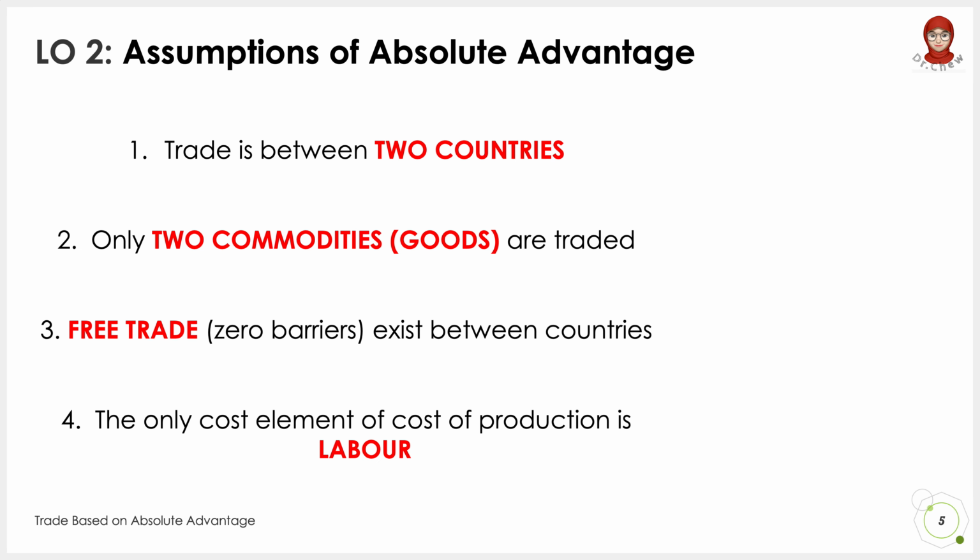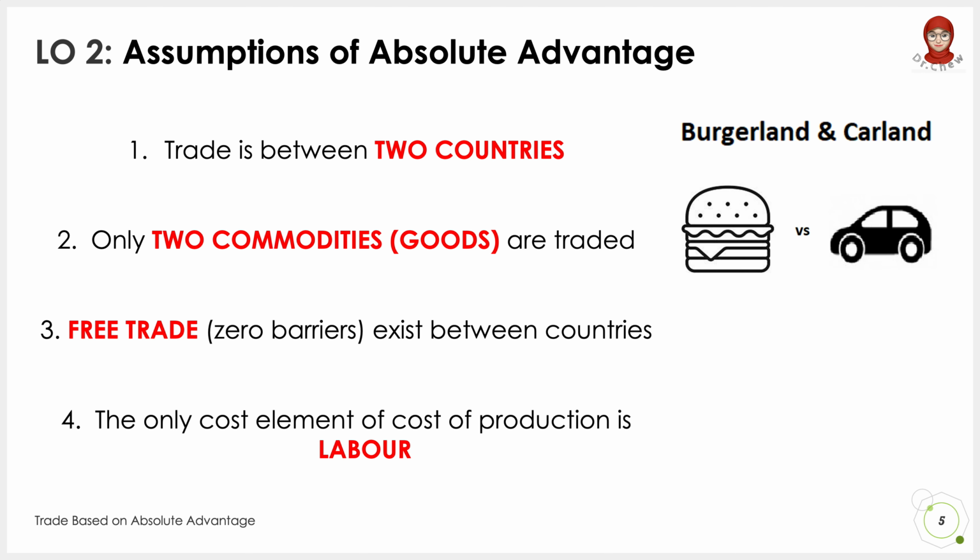Okay, now we will discuss the assumptions of the absolute advantage model. There are four basic assumptions. First, trade is between two countries. So I will use Burgerland and Carland as the two countries in my following discussion. Second, trade only with two commodities or goods.